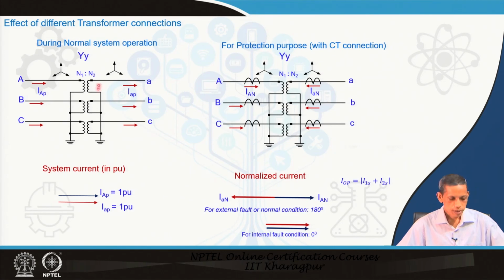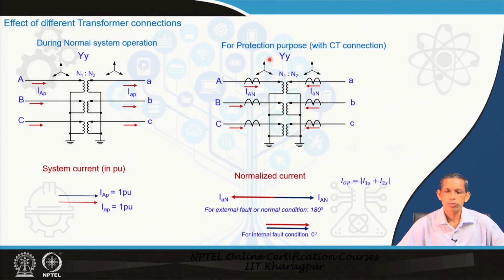For the system current, no issue of protection we are discussing. The per unit current IAP and this IAP low voltage side current align with 0 degree difference. And if we talk about the per unit current, the normal edge current, that becomes the same magnitude.